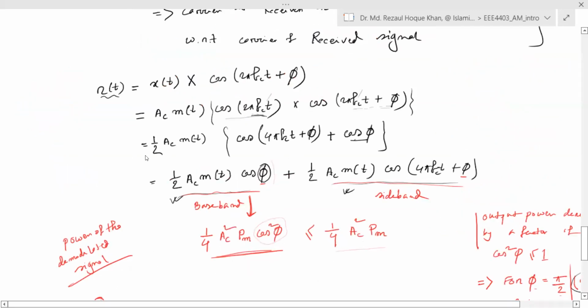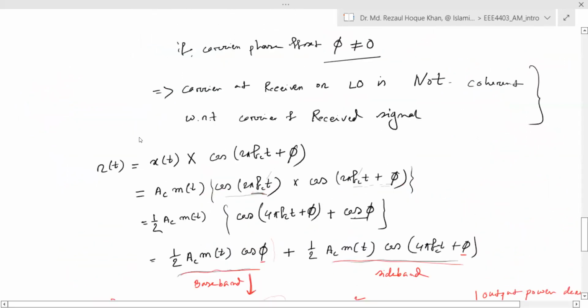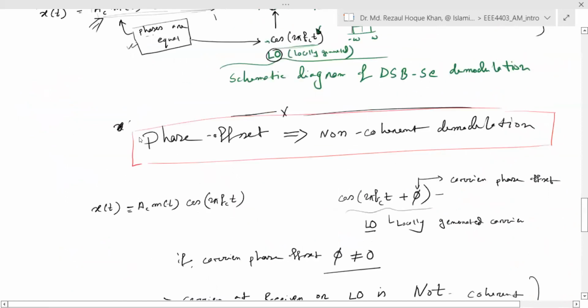Okay, let me remove all the edited stuff I have added just now.